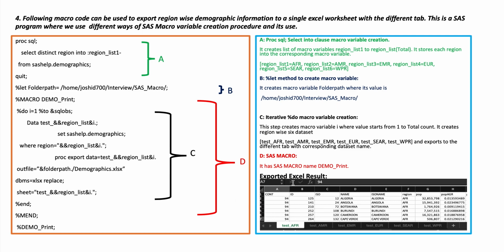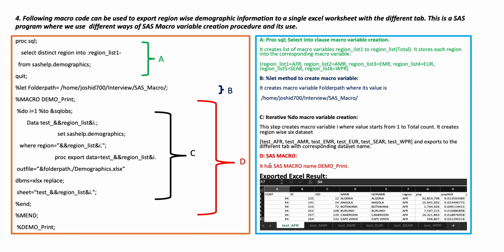The exported Excel result, a sample result, is shown here. It has 6 different tabs with the corresponding region. The first one is dataset name test_AFR. The second one is test_AMR, and so on.